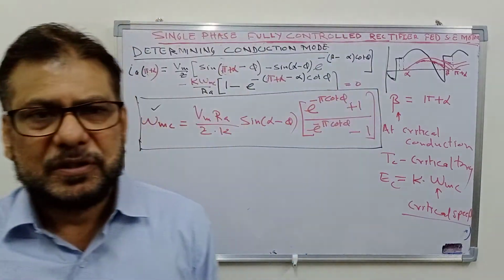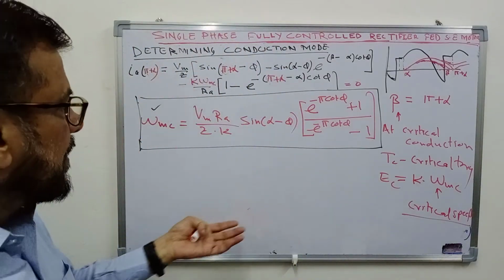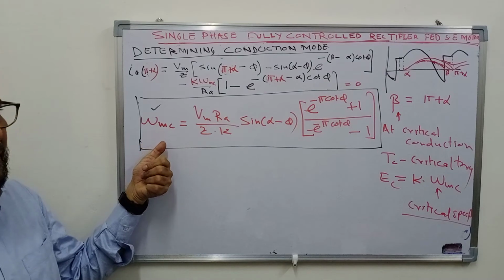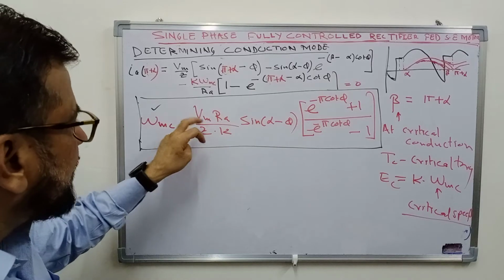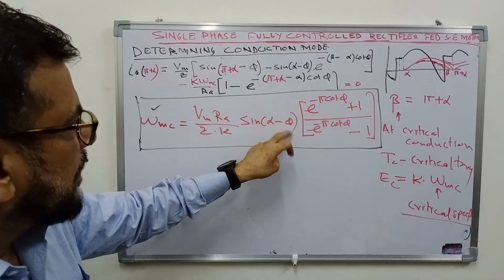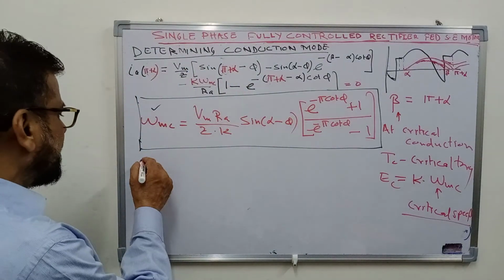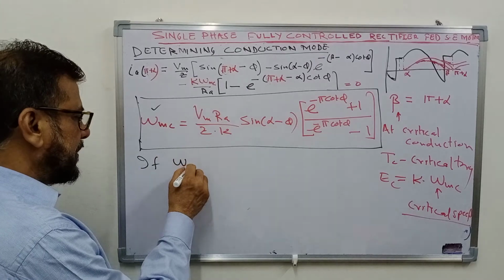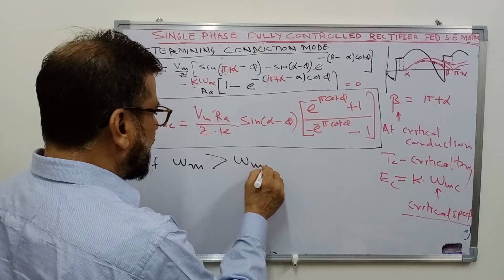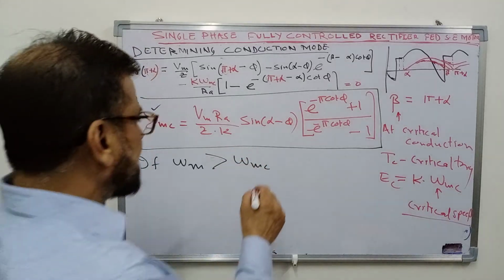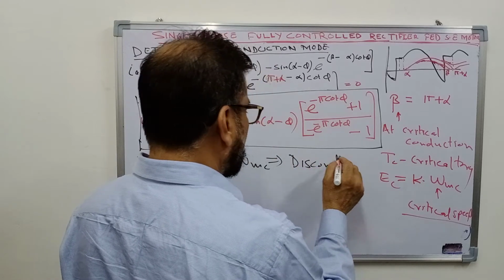So how to find out whether the conduction is continuous or discontinuous? For a given value of alpha, you find out the critical speed. Everything is known to you: the motor constant K, Z, Vm, alpha, phi. Find out the critical speed, and if the motor speed is greater than omega mc, this implies that the conduction is discontinuous.